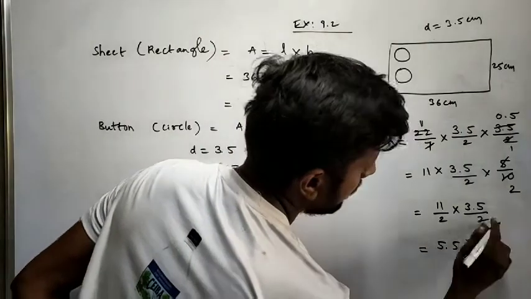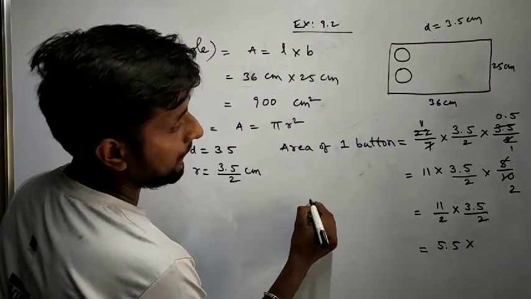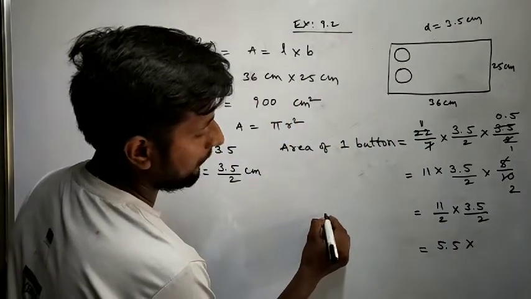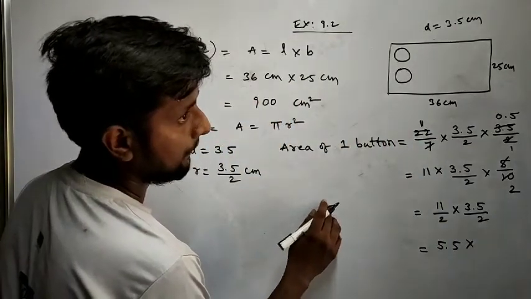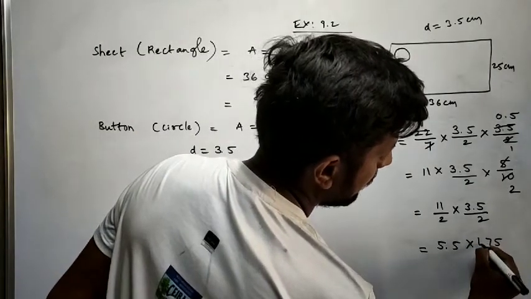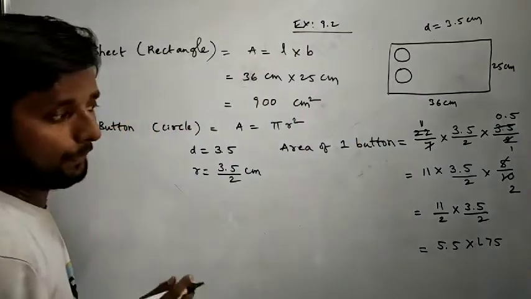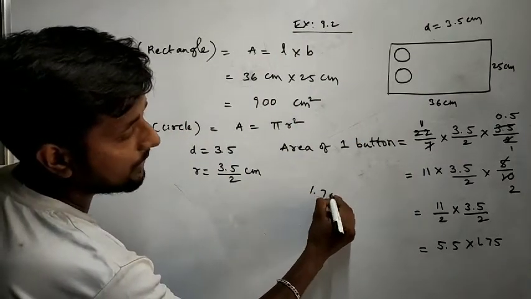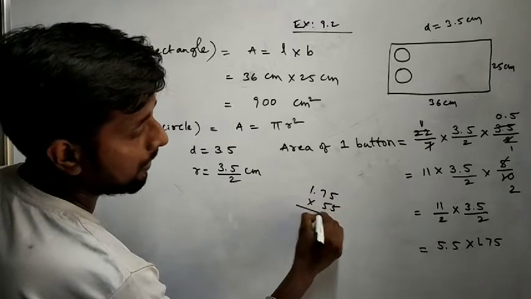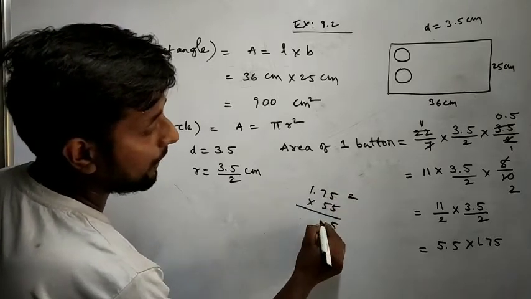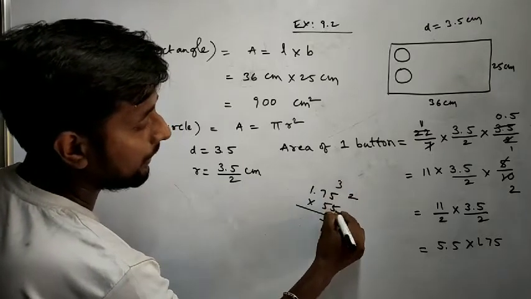5.5 into 3.5 means 35 by 10... 35 means 7 fives. Yeah, here we'll write 1.75. Yes, 1.75. Now try to multiply 5.5 with 1.75. 5 fives are 25, 2 carry. 5 sevens are 35 plus 2 is 37, 3 carry.